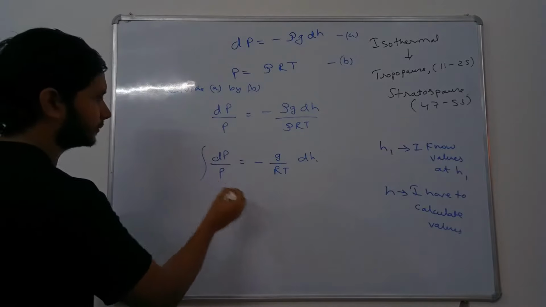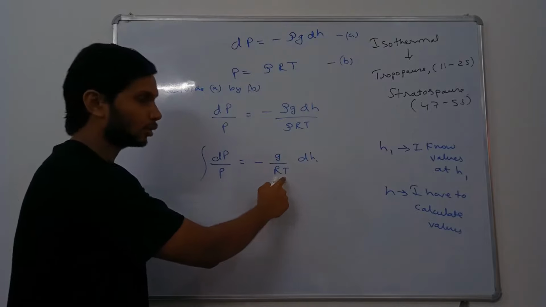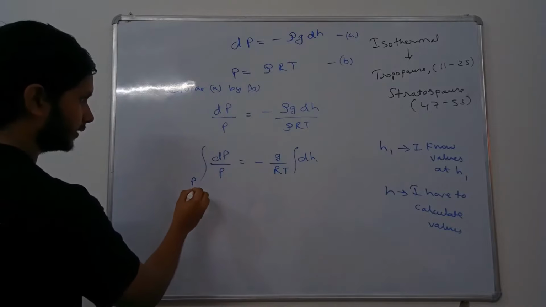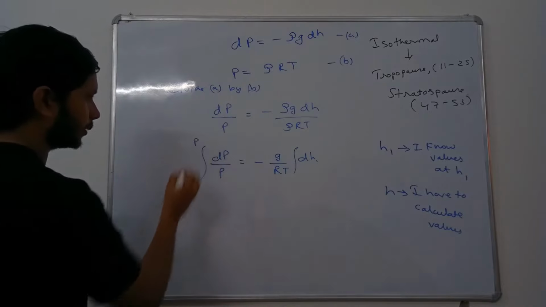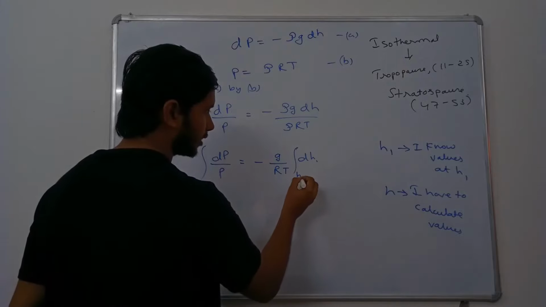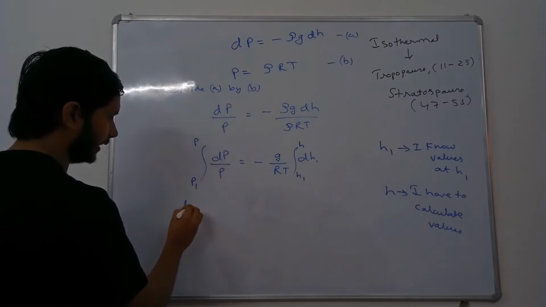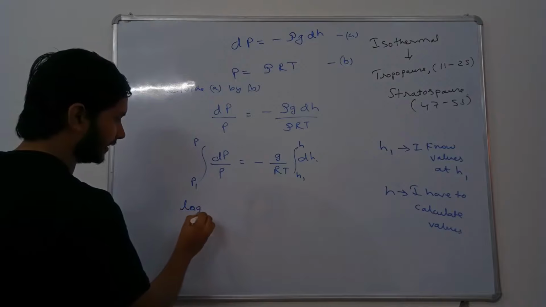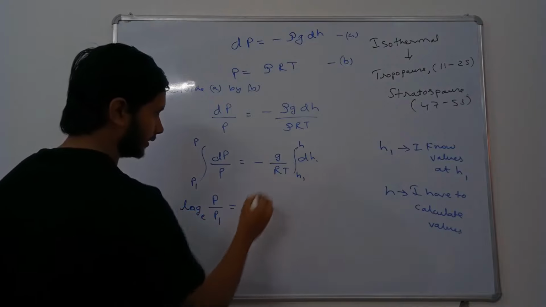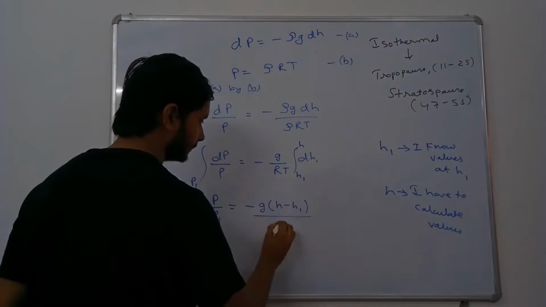Now let's integrate it. Okay, G is constant, R is constant, and here T is also constant, so I will take it outside. The limits will be P1 to P, and here H1 to H. So it will be ln, or log base e, of P upon P1 equal to minus G times (H minus H1) upon RT.